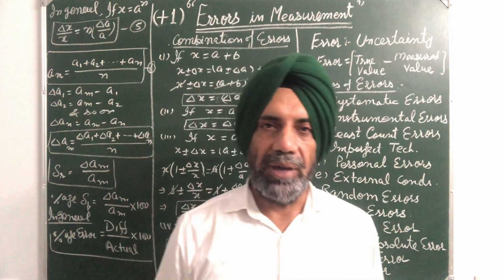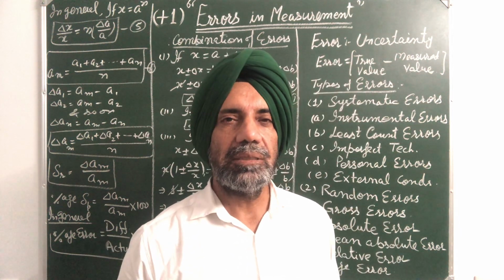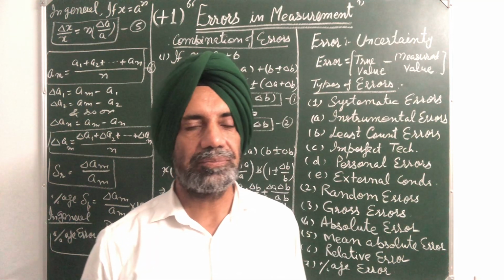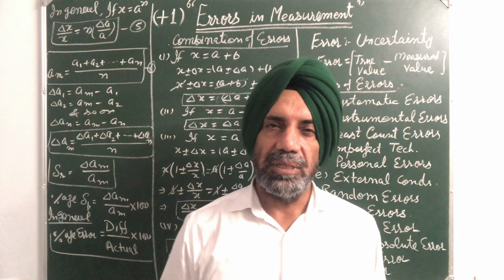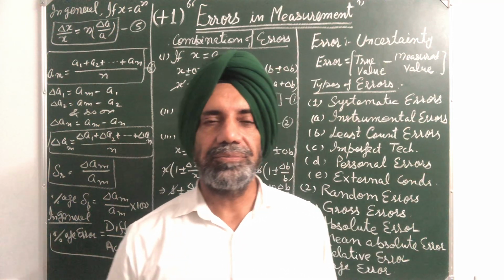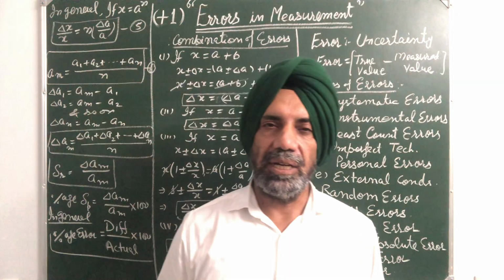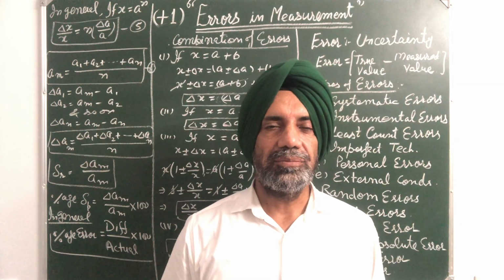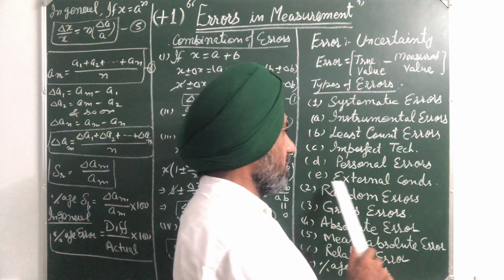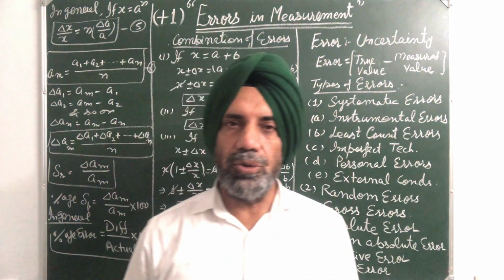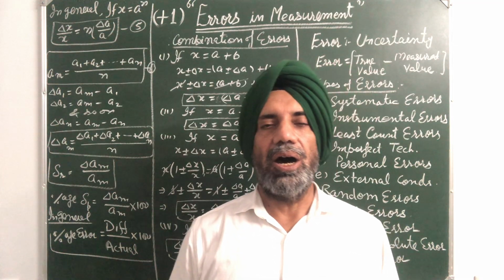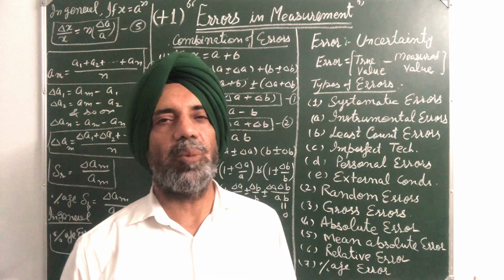For example, when we measure the value of g, which is 9.8 meter per second square, acceleration due to gravity, sometimes its value comes out to be 9.9, sometimes 9.4, maybe 9.7. Such errors occur randomly with respect to size and sign, meaning positive or negative, or with huge difference or small difference.